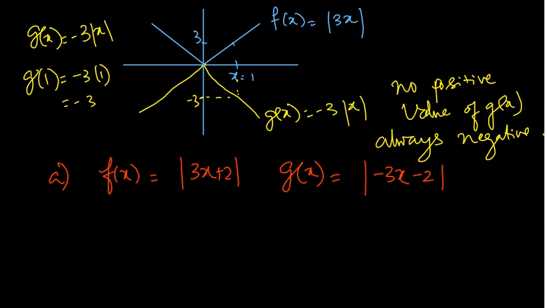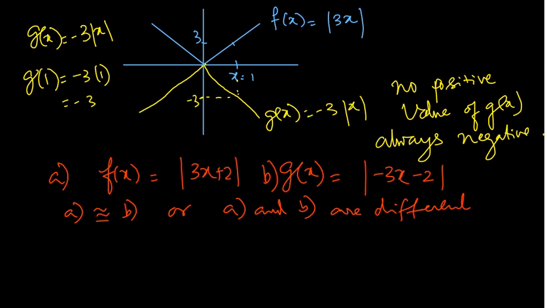So the question is, are A and B identical, or are A and B different? So you just have to do a little bit of algebra and then you should be able to give me the answer. What do you think?